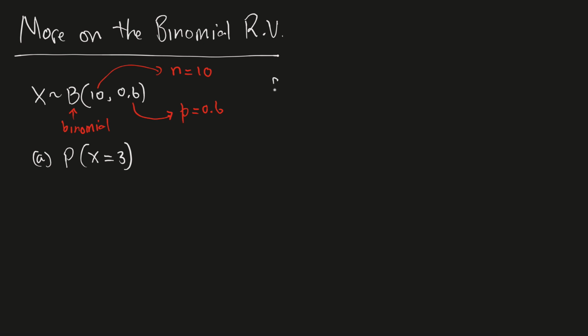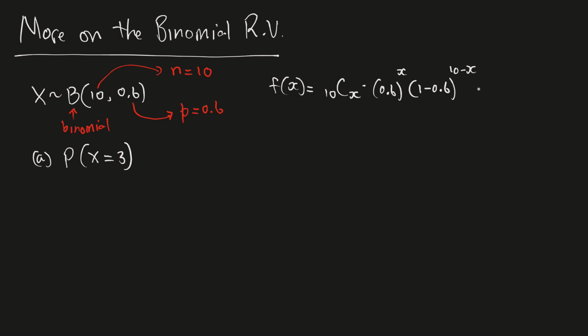Using the formula that we established in the previous video, I'm just going to substitute the values right in. It's going to be 10 choose x times 0.6 to the x power, and then times 1 minus 0.6 to the 10 minus x power.